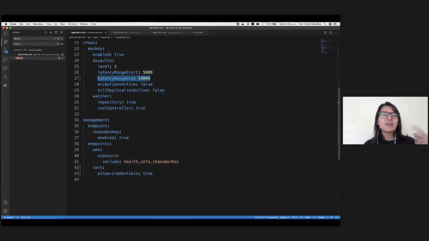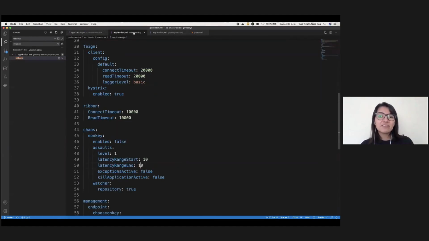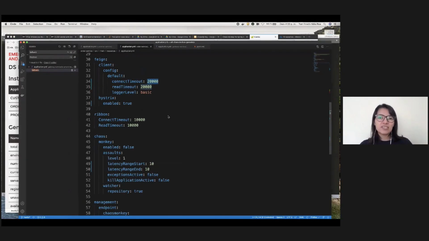If you remember, we have to configure latency times for our experiments. I am going to provide 50 seconds for the first request, and this is the configuration for our Hystrix. I am using Hystrix as an implementation of the circuit breaker.